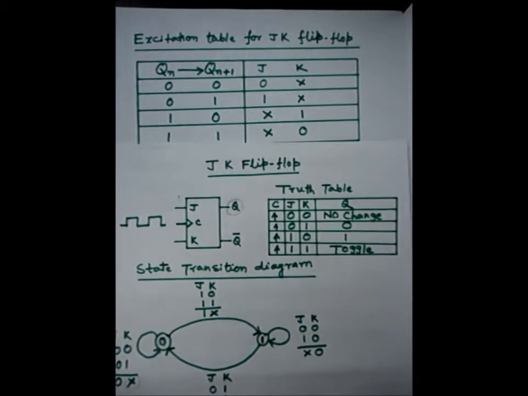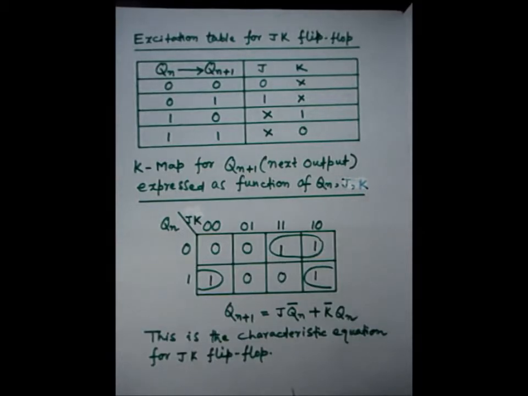Now if we want to find the characteristic equation for the JK flip-flop, we have to plot a K-map.